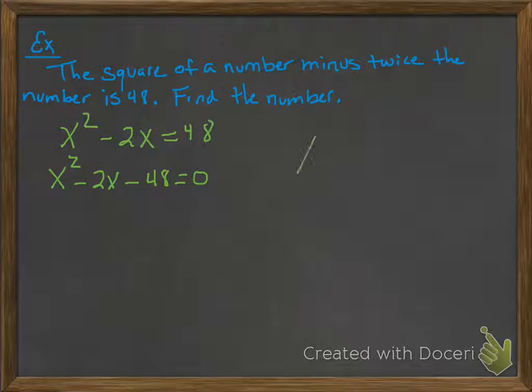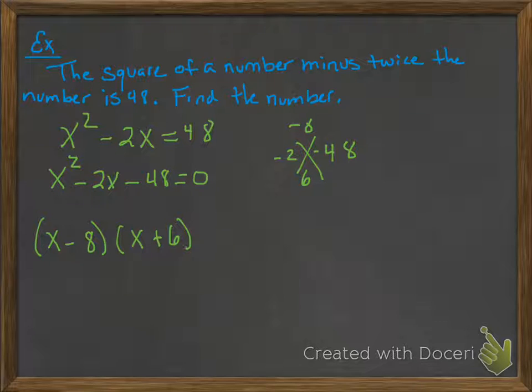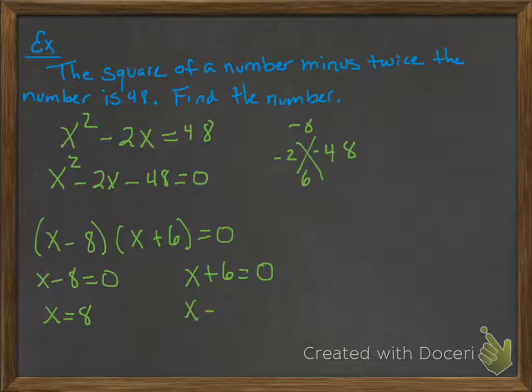So now I think about two numbers that multiply together to get negative 48 and add together to get negative 2. It's going to be a negative 8 and a positive 6. So x minus 8 and x plus 6 are equal to 0. And as I continue to solve, x minus 8 equals 0, or x plus 6 is equal to 0. So x is equal to 8, or x is equal to negative 6.